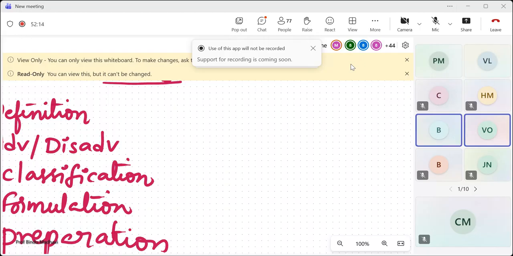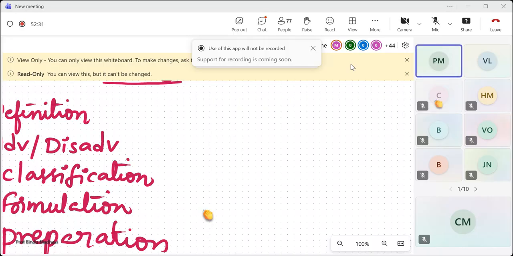Then the third class is tablets used by other routes of administration: vaginal tablets, rectal tablets, and transdermal tablets.